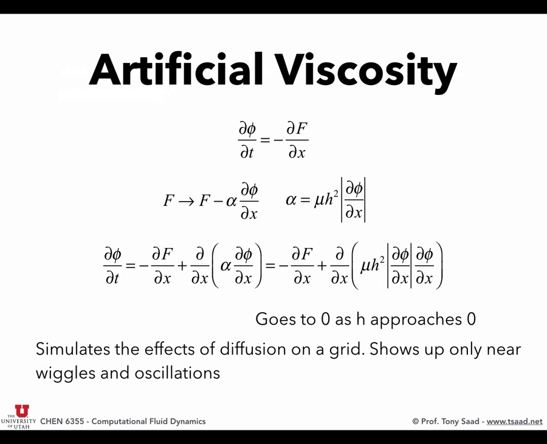But we want to choose this artificial dissipation in a way that only acts near oscillations, okay? And the way we do this is we scale this derivative by the magnitude of the gradient. So we're going to detect when the gradient is high, we're going to add a lot of dissipation.